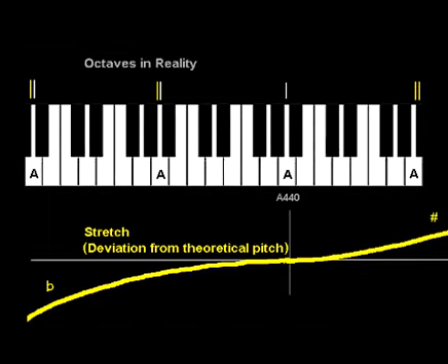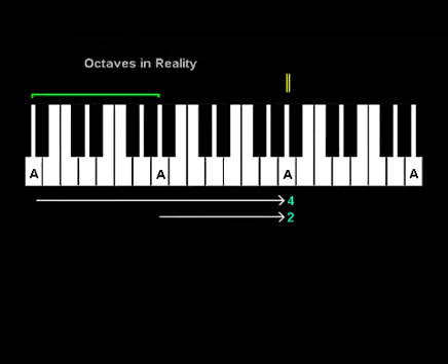Well, let's consider that octave A110 to A220. If you play them, you're going to hear all their partials, including, say, the 4th partial of the 110 and the 2nd partial of the 220. Call that the 4-2. Also, you'll hear the 6th partial from the 110 and the 3rd partial of the 220.